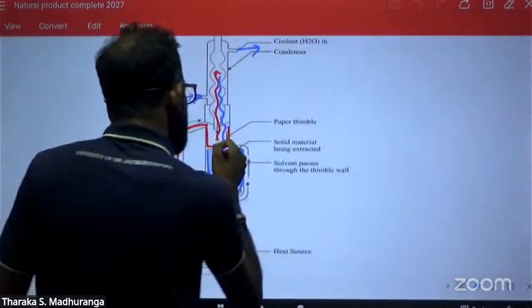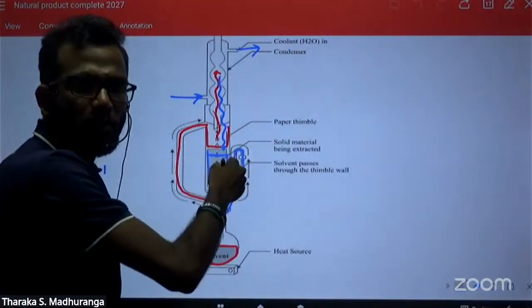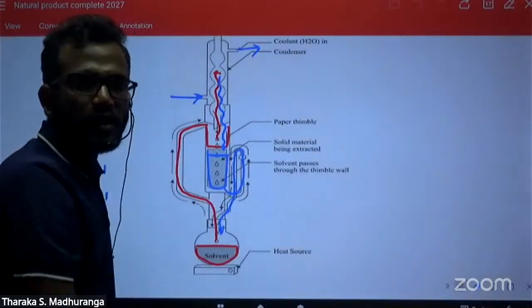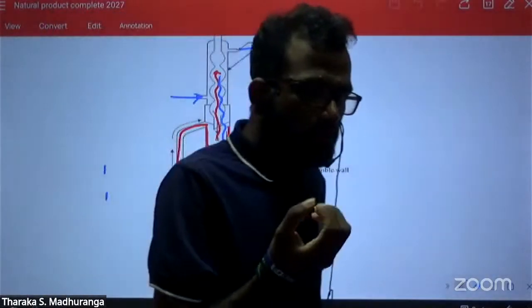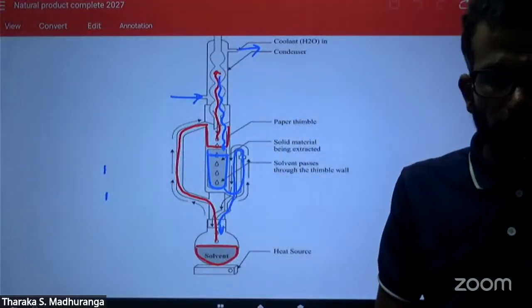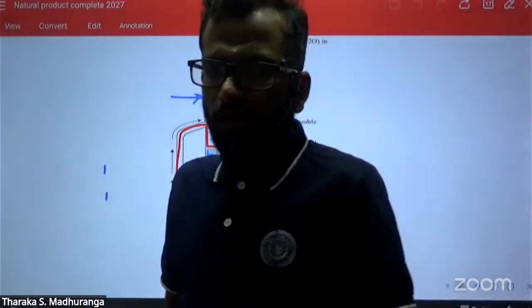When the liquid level comes to this U pipeline, to this line, within a few seconds the whole liquid comes back to the solvent chamber again.